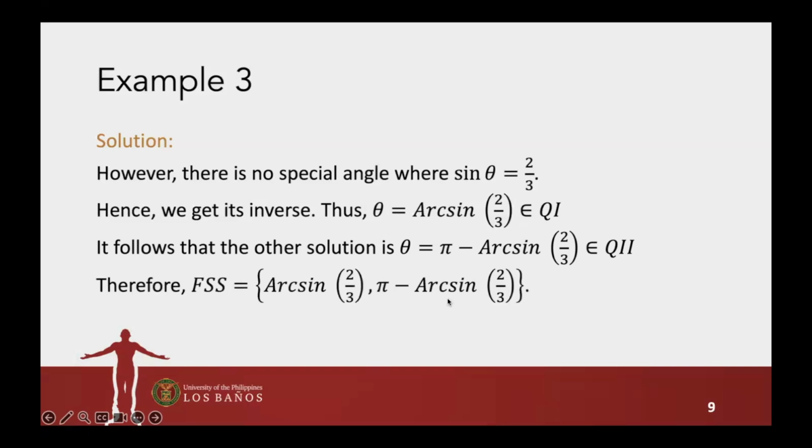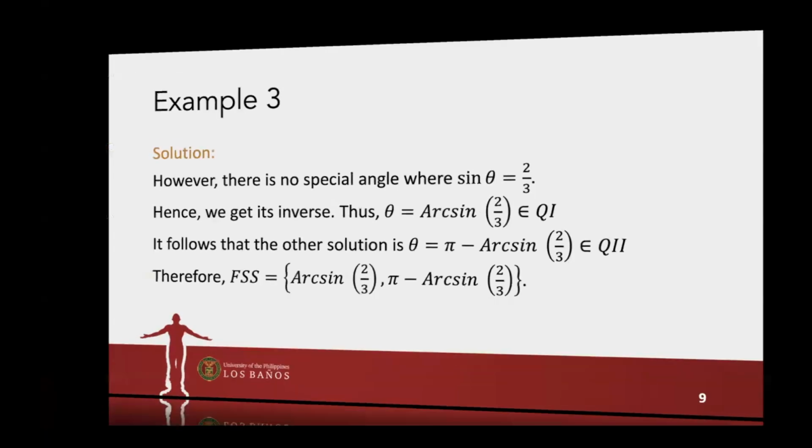So our fundamental solution set is the set containing arc sine 2/3, our angle in the first quadrant, and pi minus arc sine 2/3, our angle in the second quadrant. All right? So I hope this is clear.